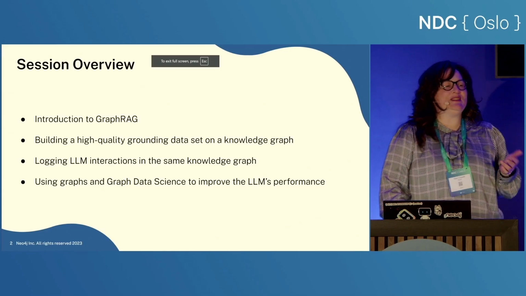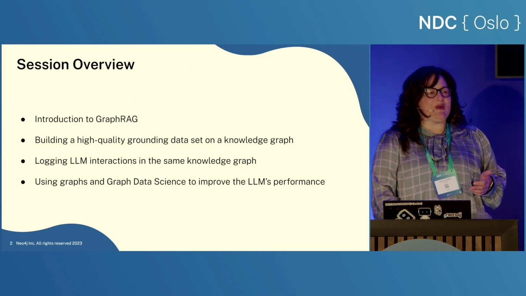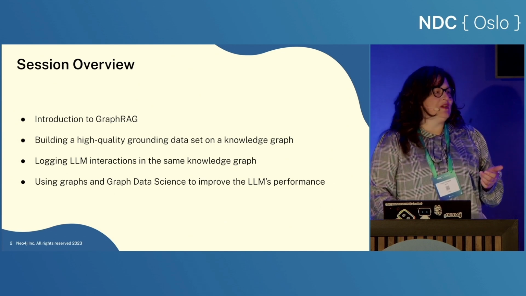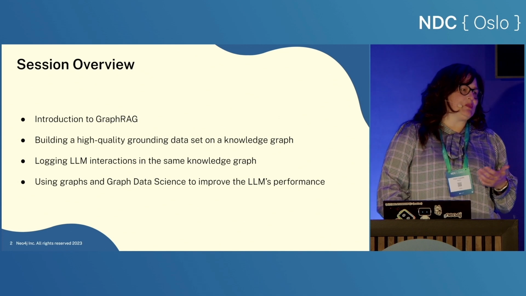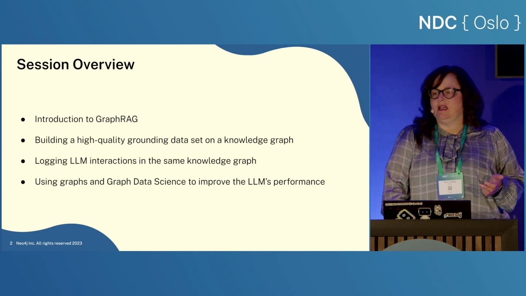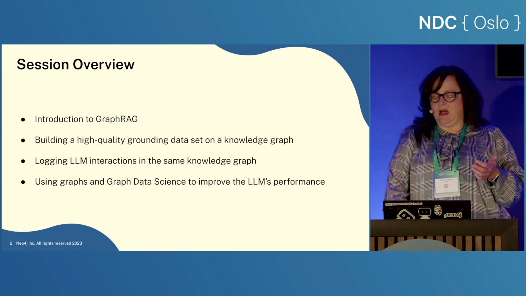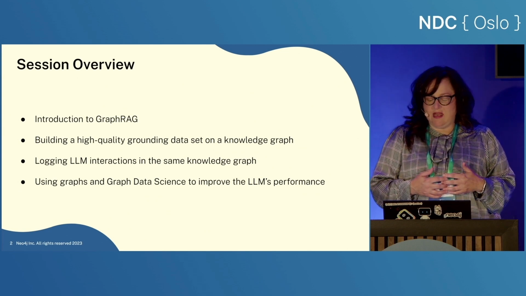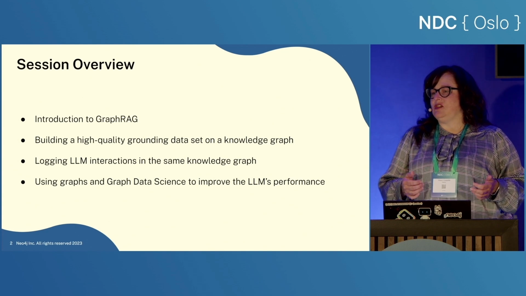What we're going to do today is first talk a little bit about graph RAG, which is retrieval-augmented generation with graph. We're going to talk about how to produce an optimal data set for that RAG application. We'll show you a little bit about logging your interactions and the value that can come from that, as well as ways that you can use data science.